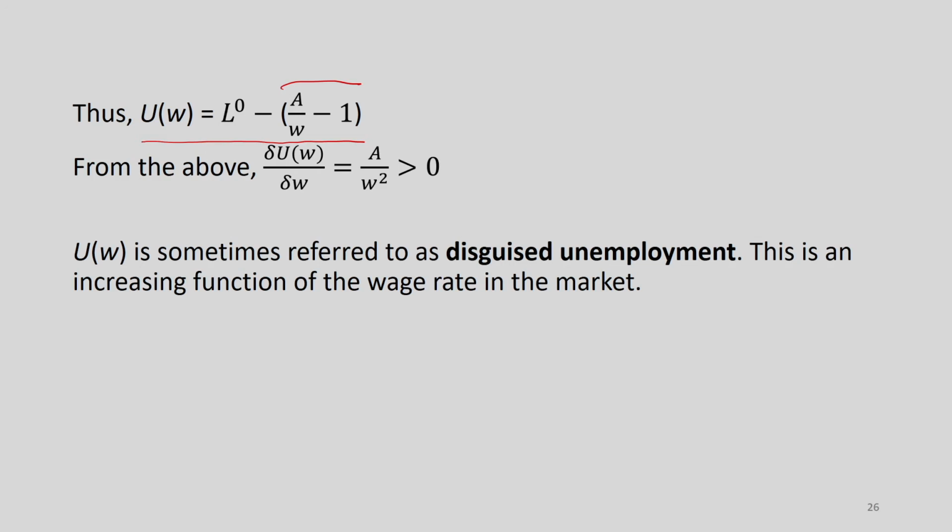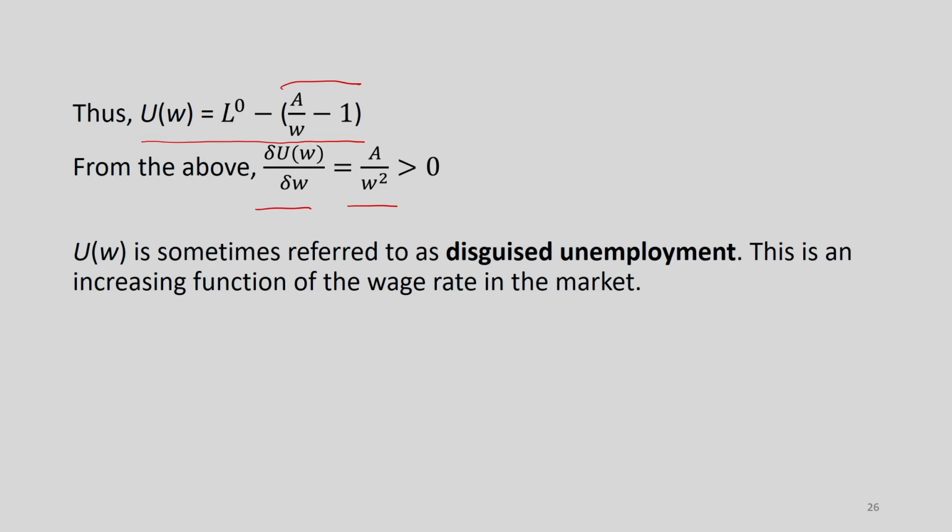Thereafter I take the partial derivative of UW with respect to W, and I get simply A divided by W square, which is positive. So, this is the answer.